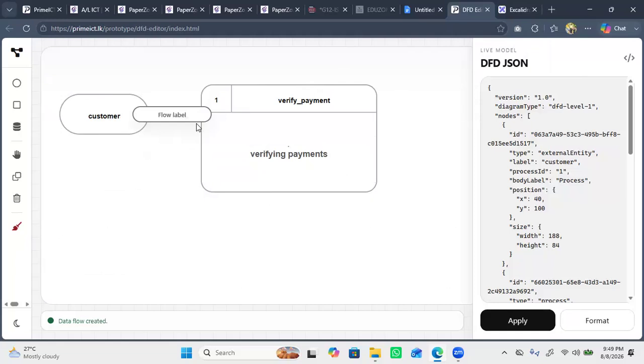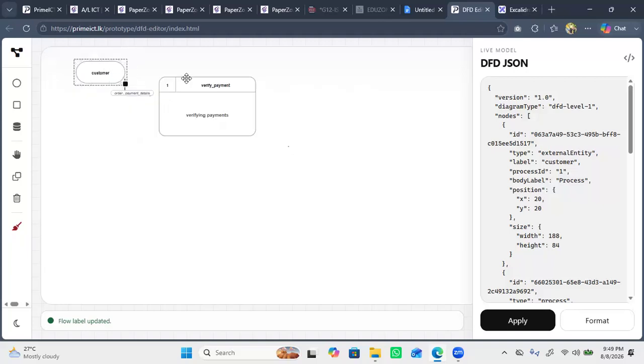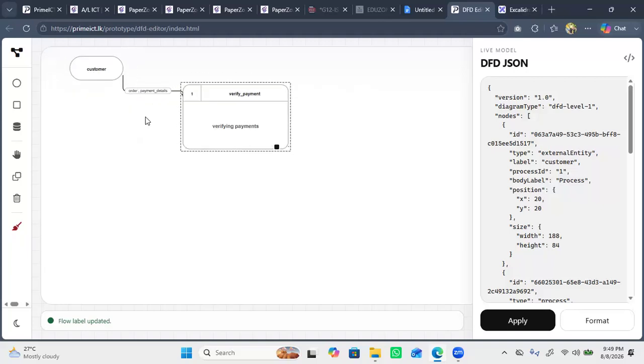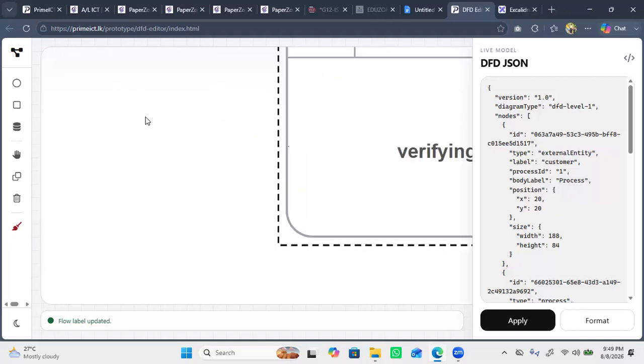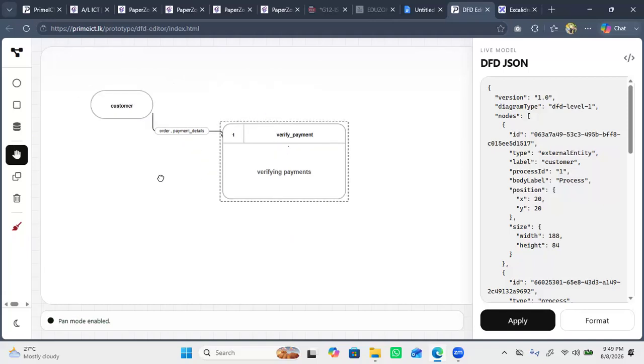I can say order and payment details. Then I'll zoom it out a bit. Hope you can see this one. This way is better.